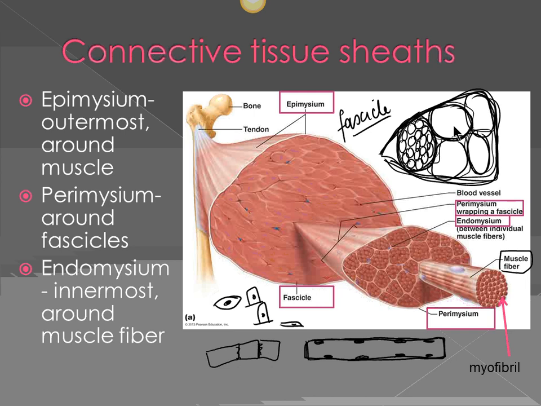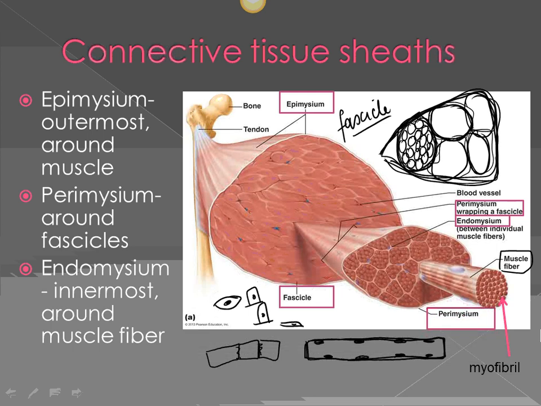Then inside each fascicle, if you remember, I said you had muscle cells. Here is a muscle fiber, or a muscle cell, which has been drawn out, and here you can see the nuclei. Each muscle cell or muscle fiber, these round things I'm showing you, is in turn covered by a layer known as endomysium.